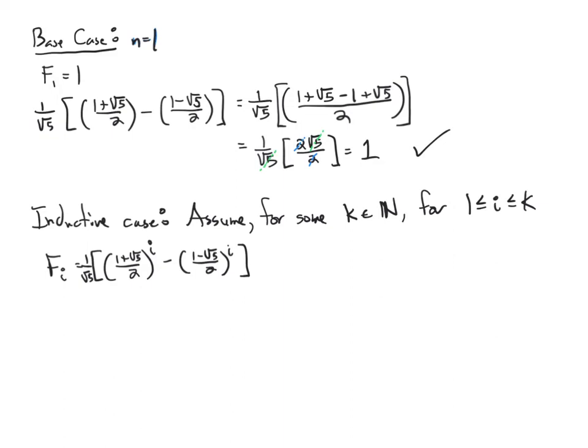All right, now that we're back, let's consider fk plus 1. I'm going to figure out a way to use my inductive hypothesis to turn this into fi terms that are k or less, and I can just use the definition of the Fibonacci numbers to do that. I know that fk plus 1 is just the sum of the two terms before it, the kth Fibonacci number and the k minus 1th Fibonacci number.